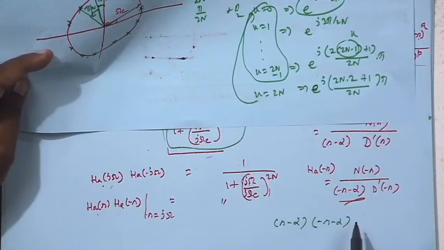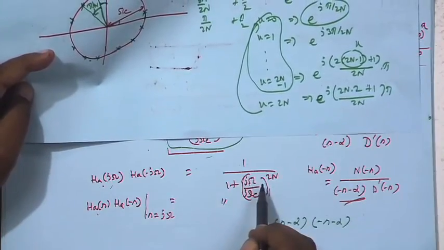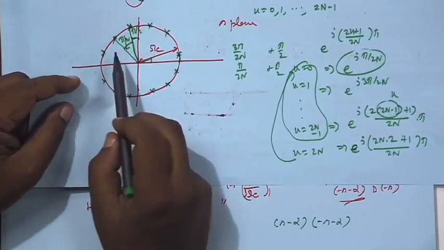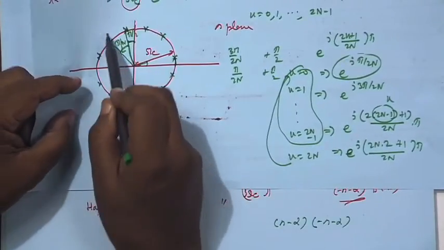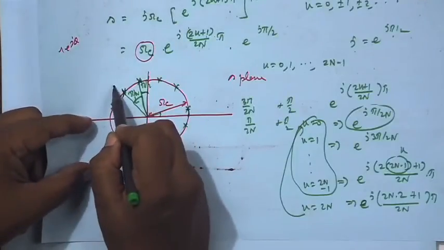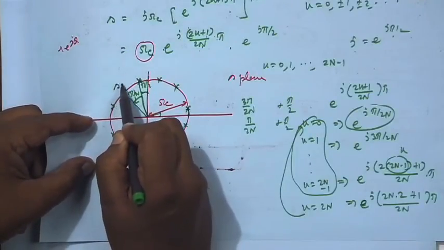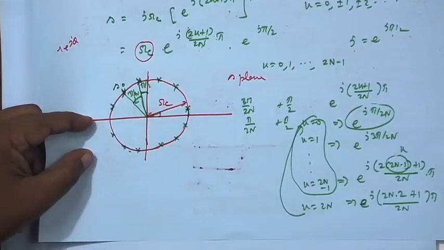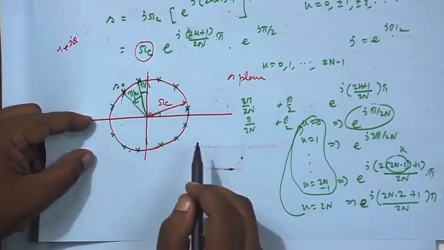So, that means for this product in the denominator, if there is one pole at alpha, there is another pole at minus alpha, which means the 2n poles will be such that if there is one pole on the left-hand side, say some S0, then there will be another pole at minus S0.